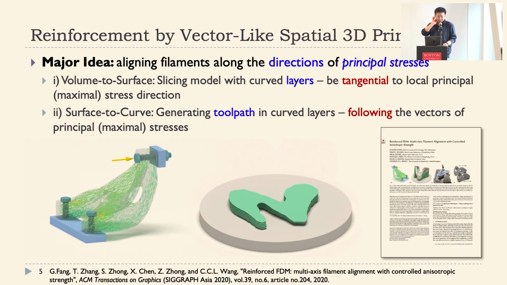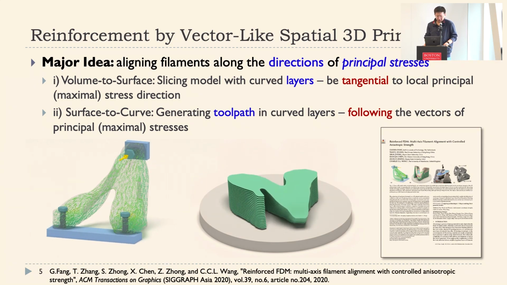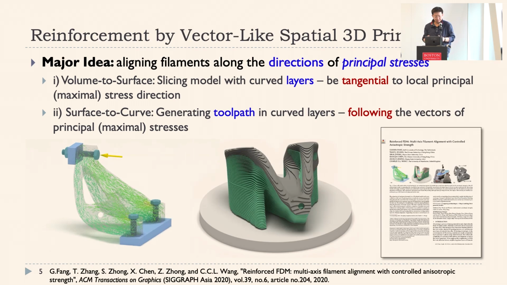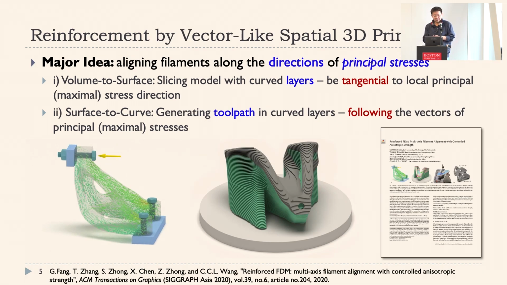Our first piece of work along this direction happened in 2020, in a paper we published at SIGGRAPH Asia. At that moment, we were trying to align those filaments along the direction of maximum principal stress. What is shown on the left is a 3D model under certain loading, for which we can generate a tensor field inside the model.